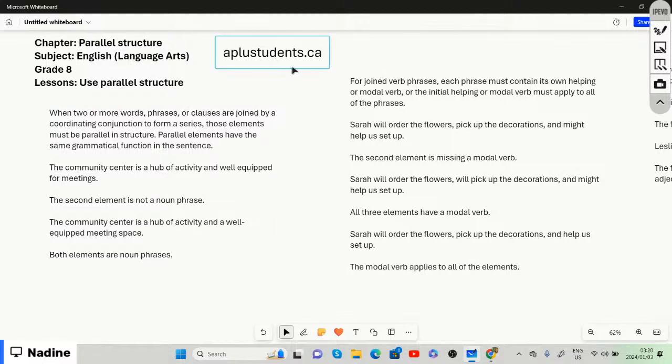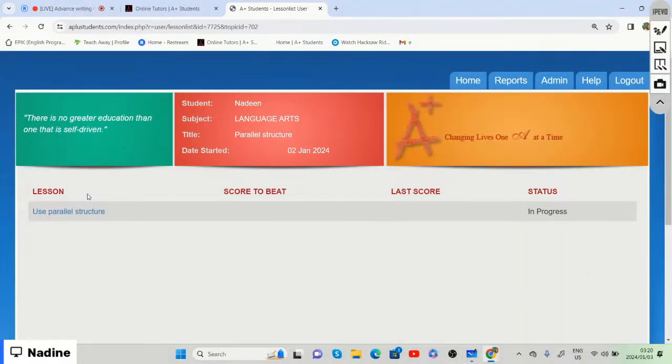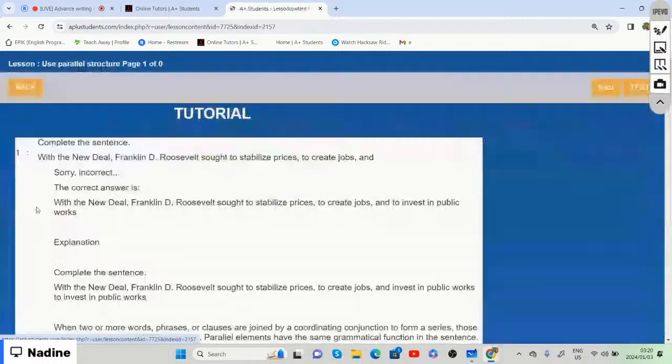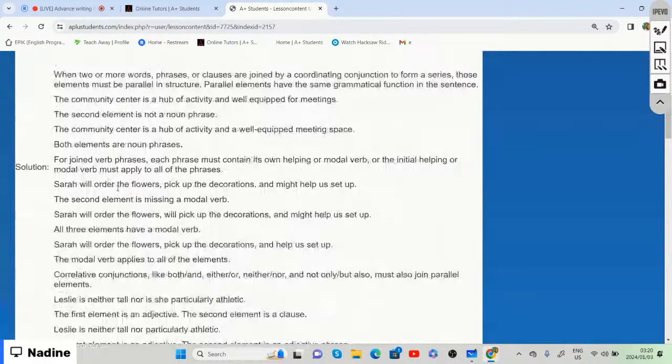So we said we are going to aplusstudents.ca. That is where we are doing our tutorial lesson, and we're going to use parallel structure. And we said that when two or more words, phrases, or clauses are joined by a coordinating conjunction to form a series, then those elements must be parallel in structure.